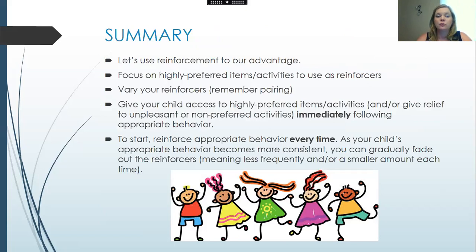We really want to focus on highly preferred items or activities to use as reinforcers. So we need to be really observant about what our child seems to really enjoy in their environment, right? What items or activities do they play with the most or for the longest duration? Those items or activities you really want to use as reinforcers if we can.